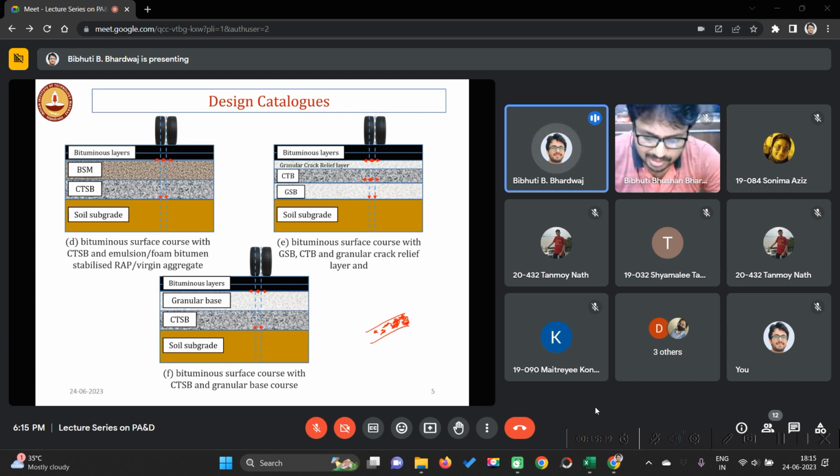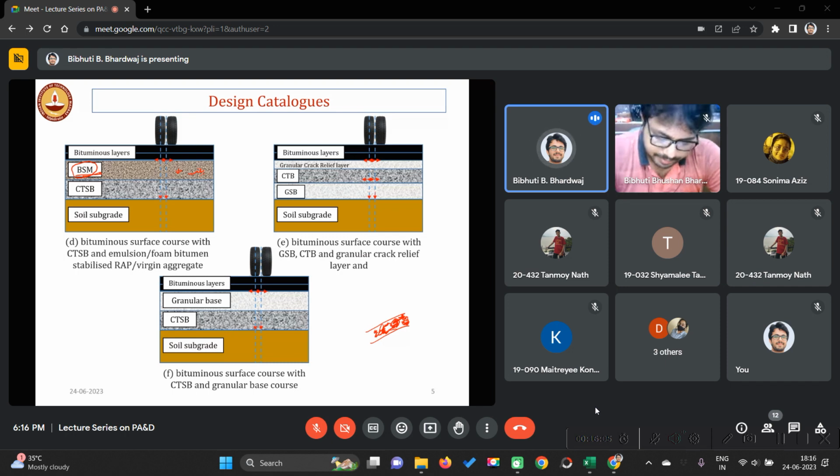That means it will mill the top layer of the pavement, and those aggregates are sometimes reused or sometimes thrown away. So instead of throwing those materials, you can again mix them with your granular materials and use them. This is called bitumen stabilized materials.